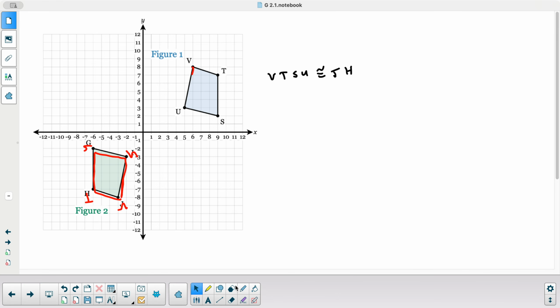S with G. And U corresponds to I. All right, so there's my congruent statement using rigid motion. So that one I didn't have to reflect. It was just to translate and rotate.